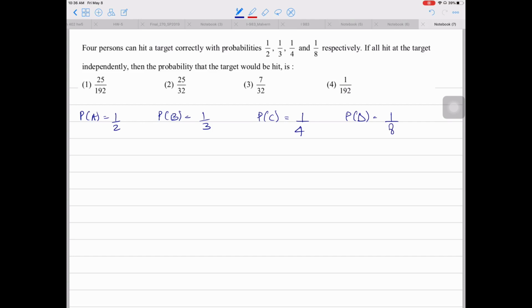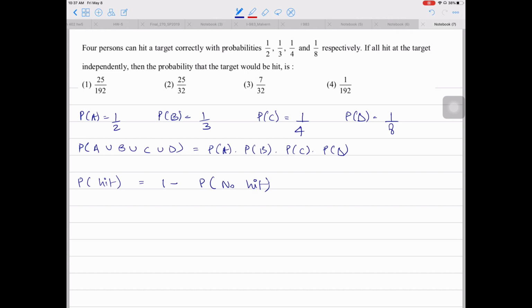And they all hit independently, which means that the union of these events would be the product of these events independently, and we need to find the probability that the target is hit, which means this probability is 1 minus probability that there is no hit.